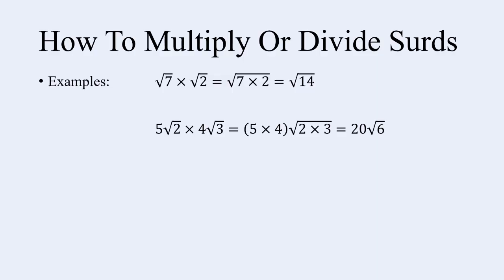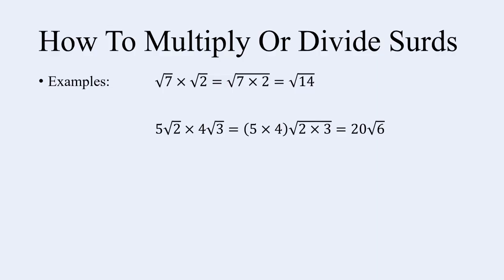Let's say we want to simplify square root of 7 times the square root of 2. Well, that just gives us the square root of 7 times 2, which is equal to square root of 14. What if we want to simplify 5 root 2 times 4 root 3?